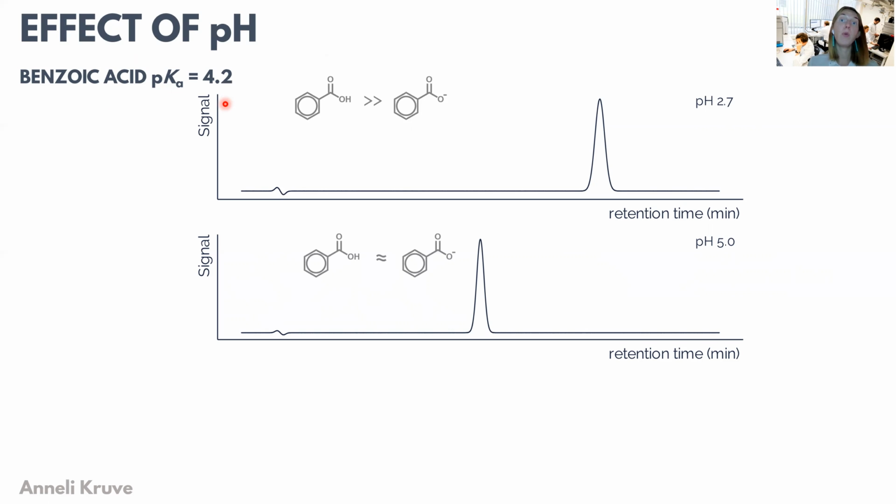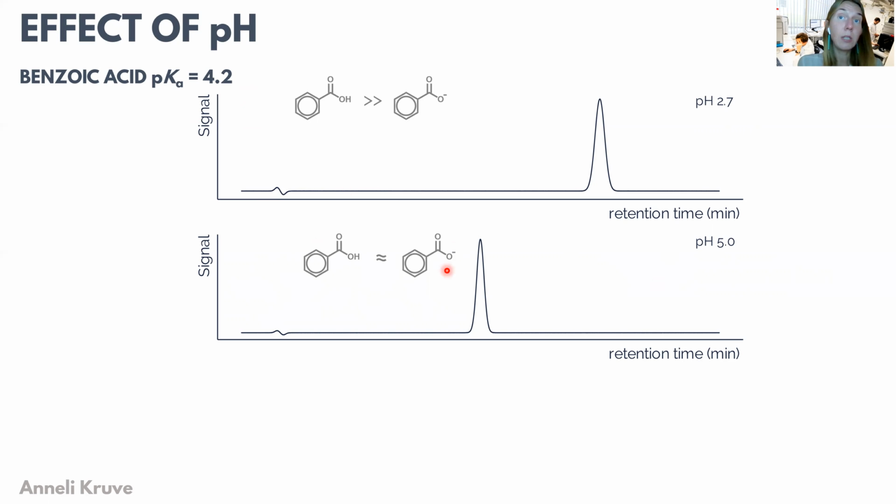We say that the contribution of both the neutral form and the anionic form is significant. However, here we can say that the anionic form is a bit higher in concentration because the pH is higher than the pKa value.